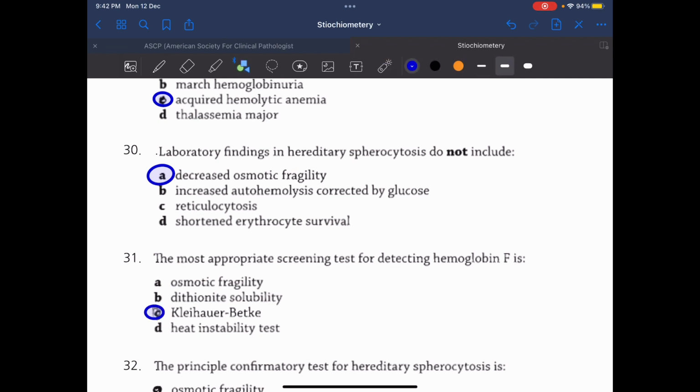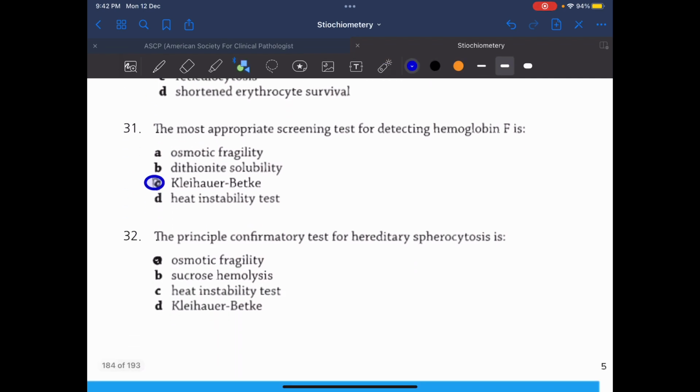So C is the correct answer. Question 32. The principal confirmatory test for hereditary spherocytosis is osmotic fragility, sucrose hemolysis, heat instability, Kleihauer test. The correct answer is osmotic fragility.